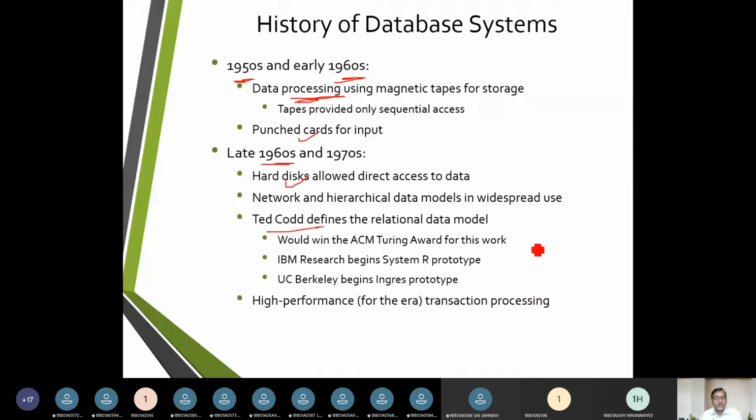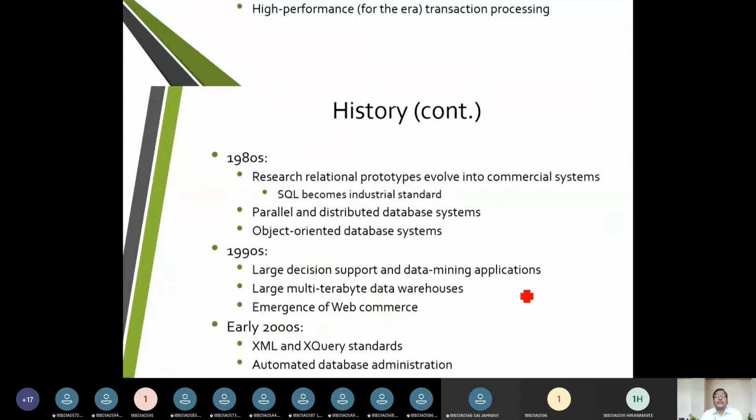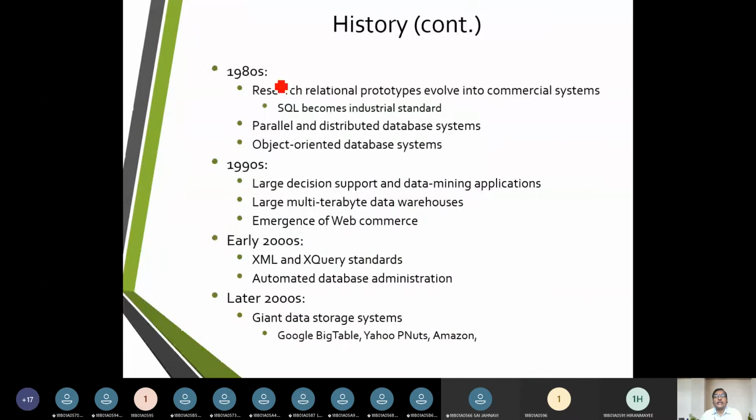There are 12 Codd rules which were proposed for a relational model, which a database should obey. In the 1970s onwards, SQL originated, and in the 1990s we have data mining applications and data warehousing applications.